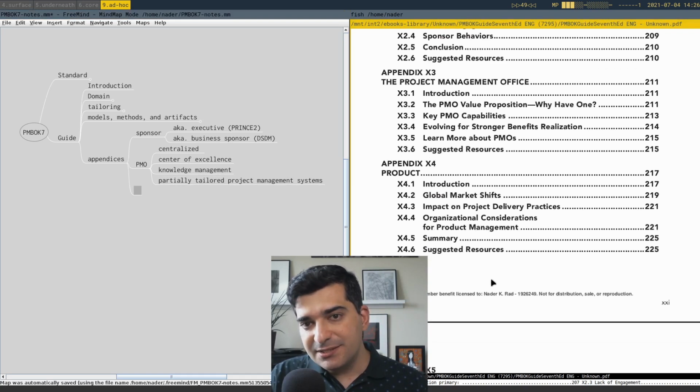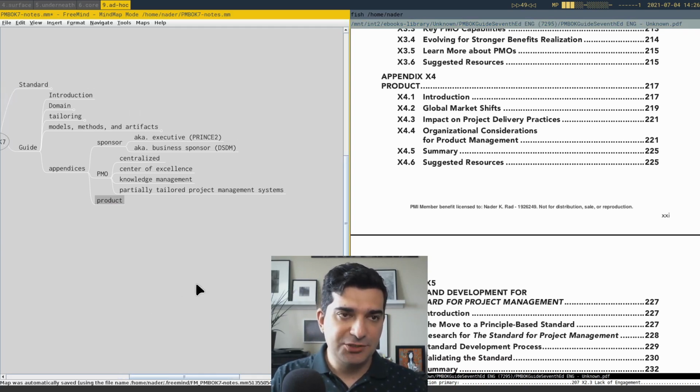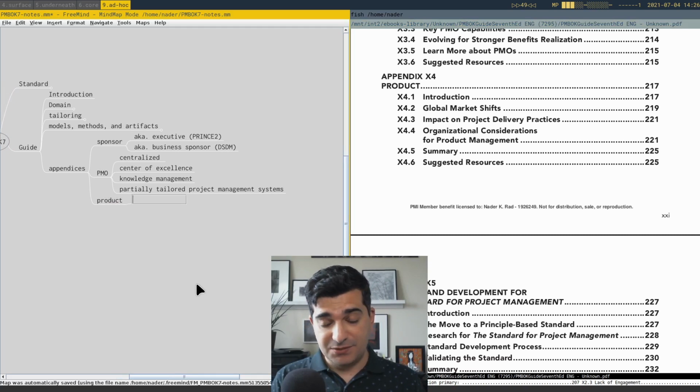The next one is about products. The reason we have to pay special attention to this is that there's a difference between the product lifecycle and project lifecycle.